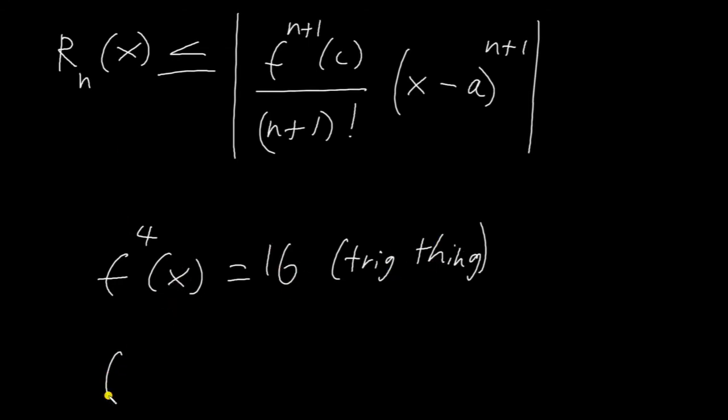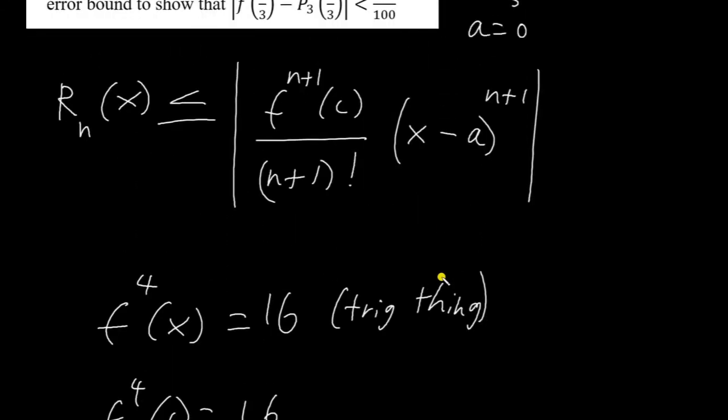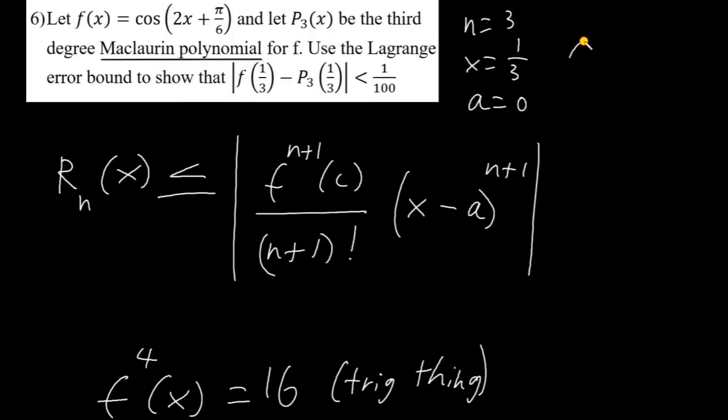This is the maximum. It can never be more than 16, because you'll never be able to multiply 16 by anything more than 1. So we can just plug everything into our formula now, and we will have our answer.